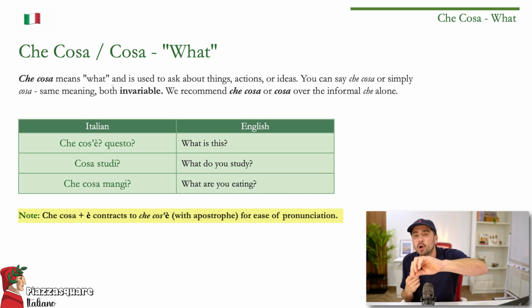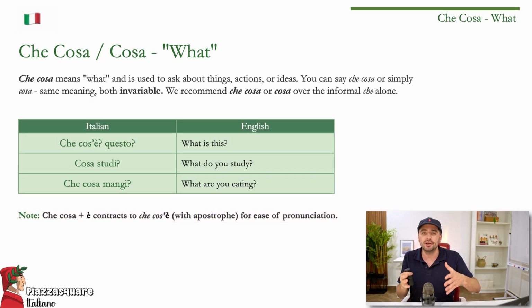The question che cos'è questo asks for identification of an item. What is this? In the second, cosa is asking about an action, the thing you study. In the third, che cosa asks for the thing that you are eating. You could also ask just che fai to mean what are you doing, but remember che alone in this sense is informal.